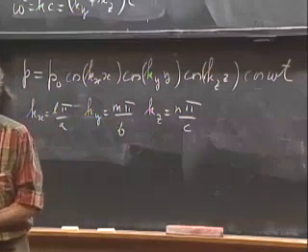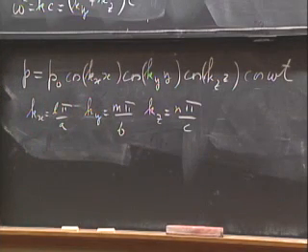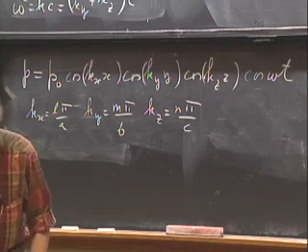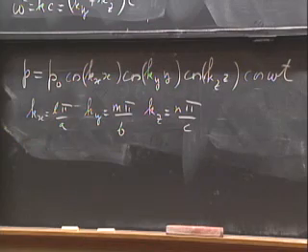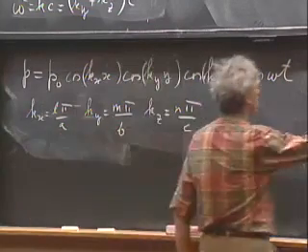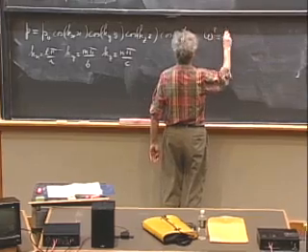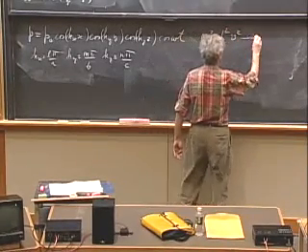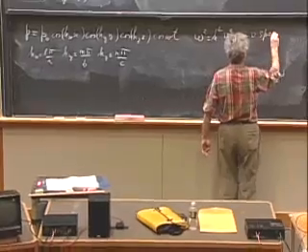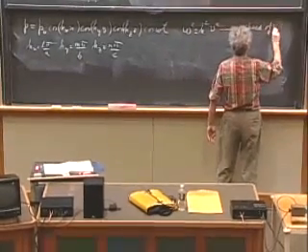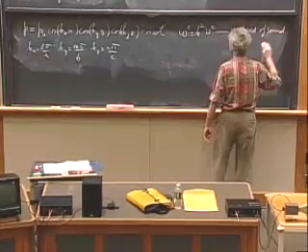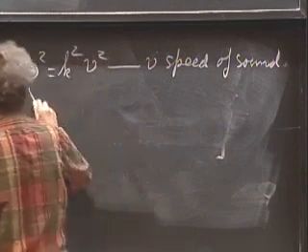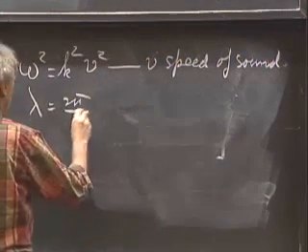Then I'm happy. Then at all surfaces, I have met the boundary conditions that the pressures are a maximum. And so what always holds is that omega squared is always k squared times v squared, but this v is now the speed of sound. And the wavelength lambda is 2 pi divided by k.